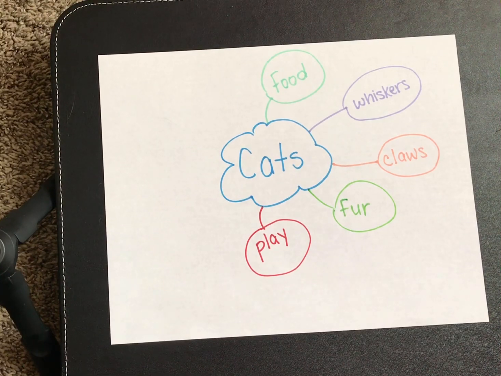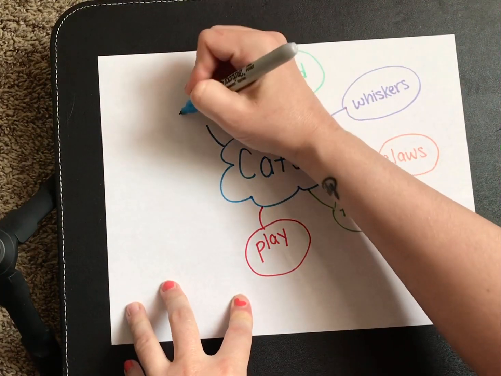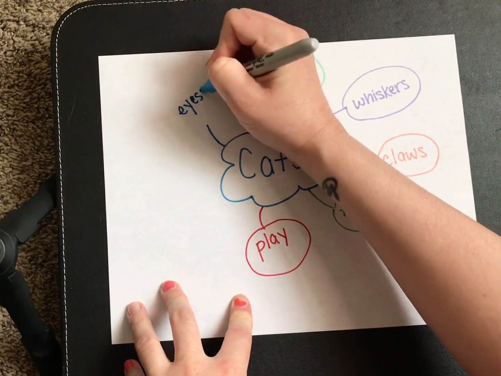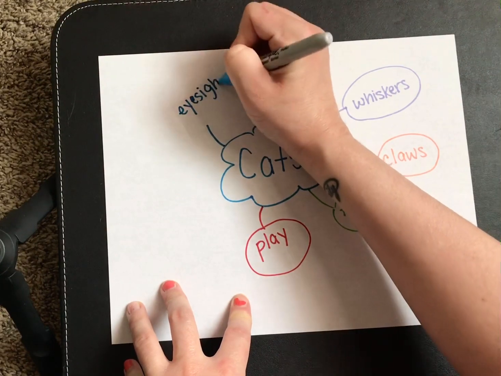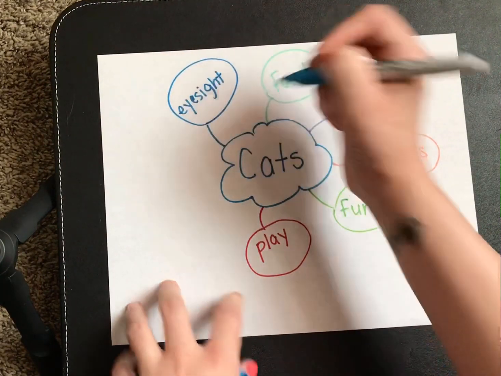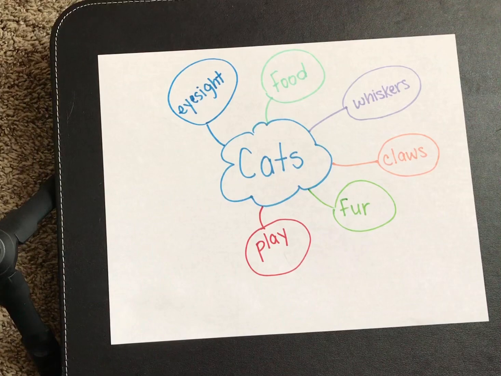I could talk about their eyesight, because cats can really see certain colors better than others. And they can see better than us in the dark, I'm pretty sure.